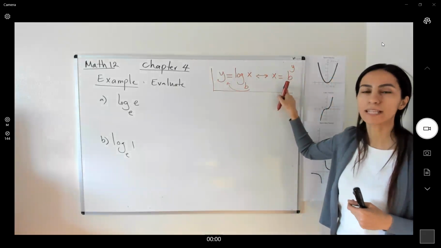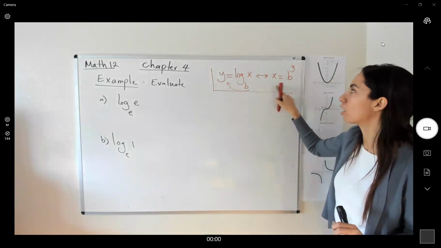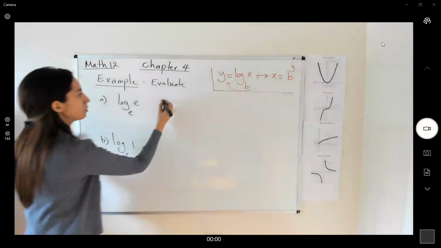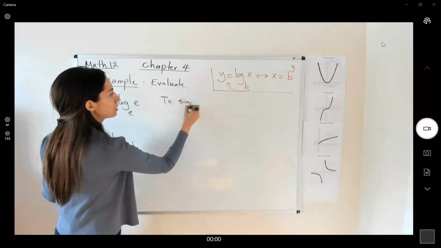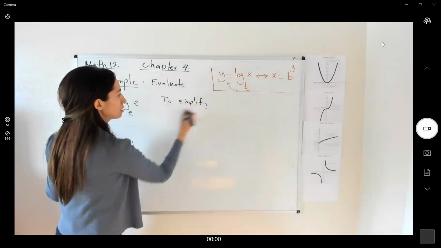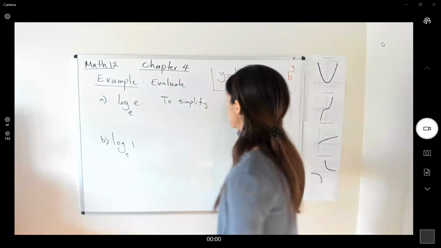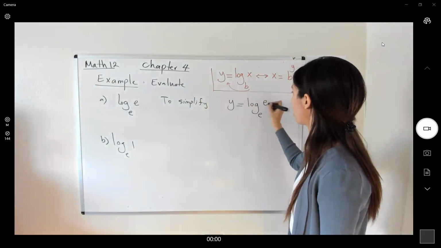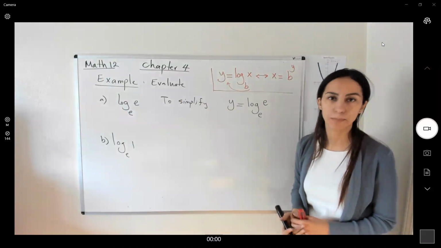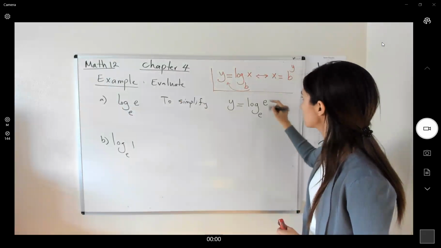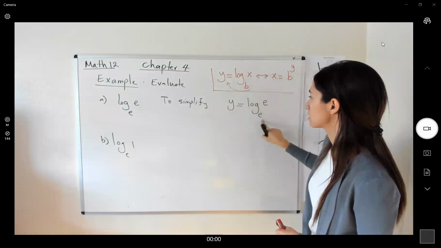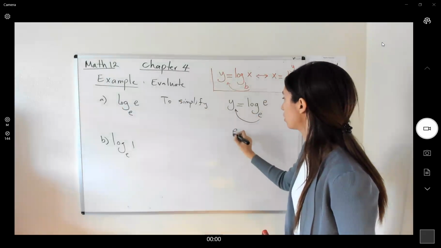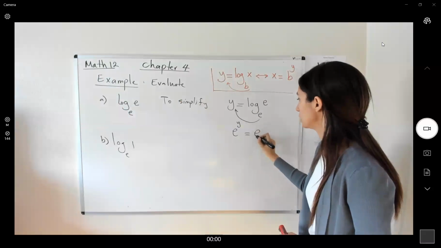As you can see, on the right hand side, we don't have any log function. So to simplify, we set y equals log with base e of e. e is just a number. So it means that this is your x, this is your b, and this is your y. e raised to y is equal to e.